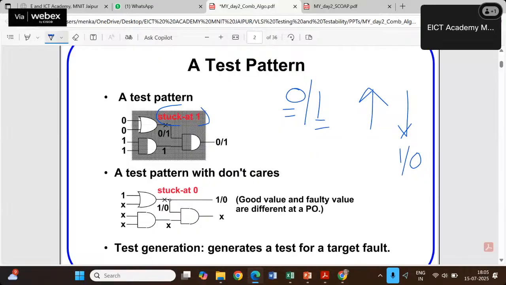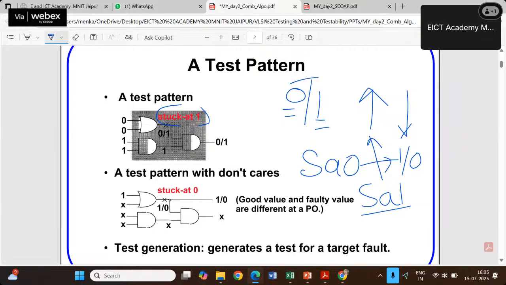In some books, it is represented as SA0 and SA1. These are the various representations for stuck at 0 and stuck at 1 respectively.